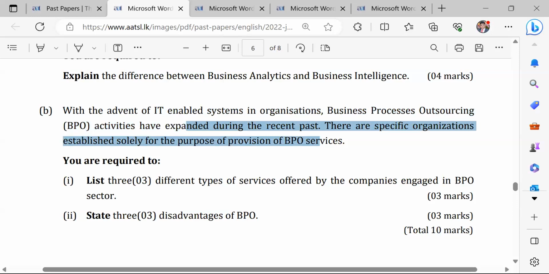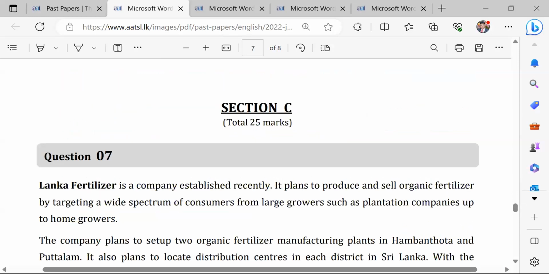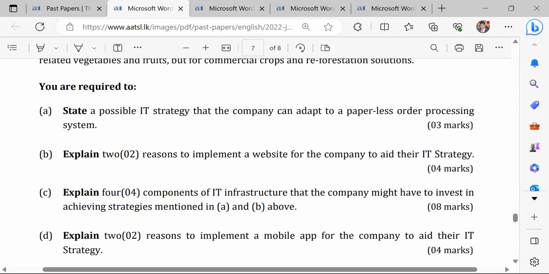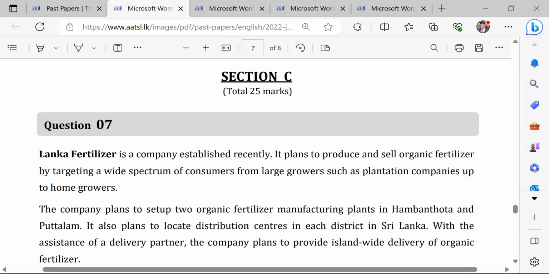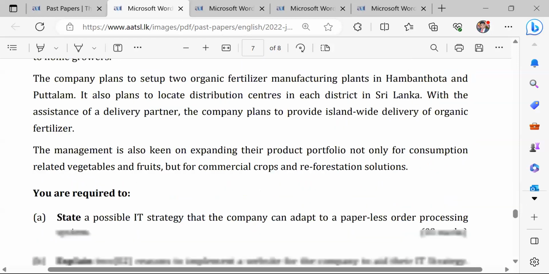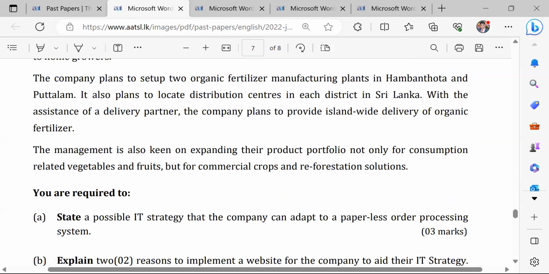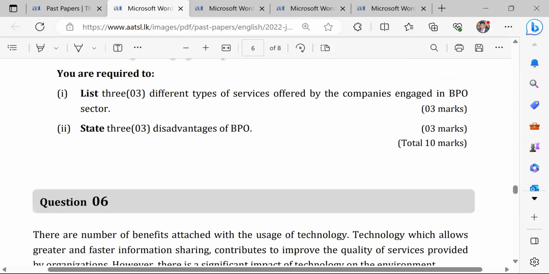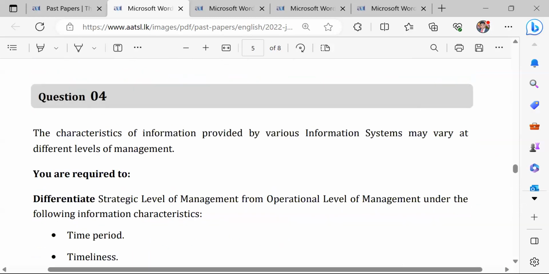But in question 7, definitely you have to quote from it. State possible IT strategies that the company can adopt for a paperless order processing system. Read this entire thing, then according to this case you answer these questions. A few questions are out of the case, but more are included in the case study.